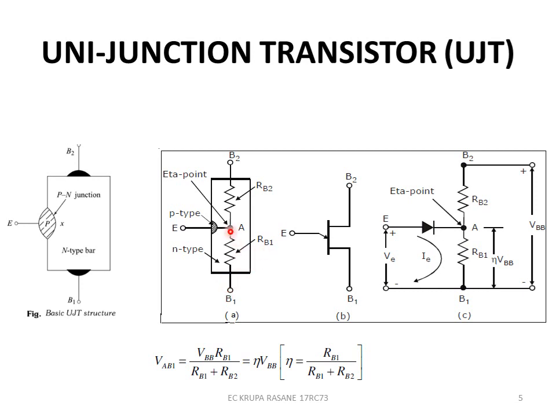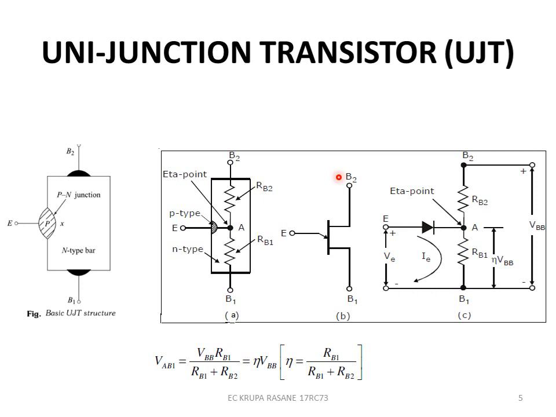This is the point of intersection of the emitter terminal, which is basically a PN junction, because this is P and this is N. In this UJT symbol, the emitter is shown slightly moving towards B1. It is like an FET kind of thing, but it is much different from an FET operation.